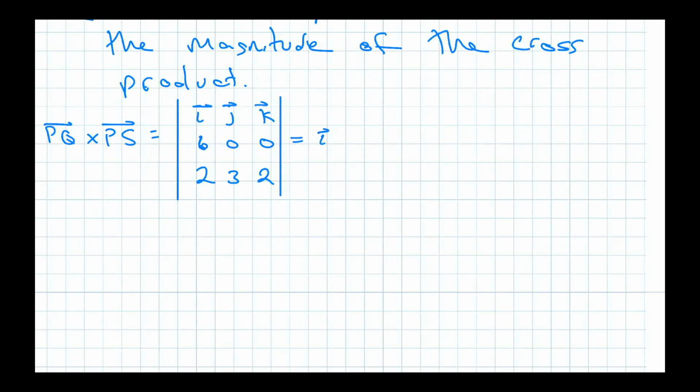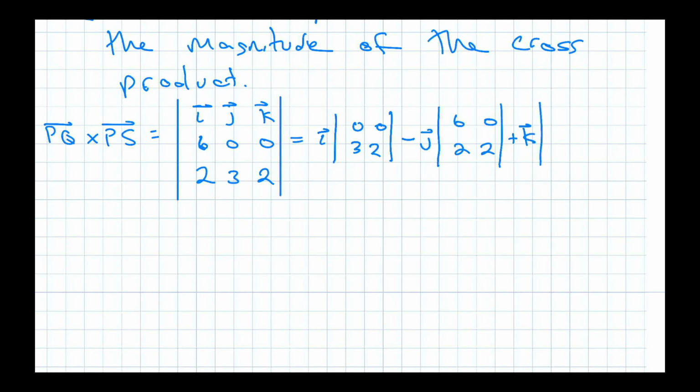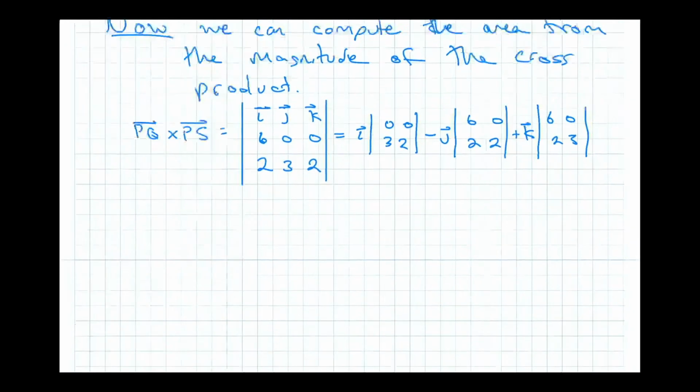So it's going to be i, and then a 2 by 2, which is 0, 0, 3, 2. Then minus j, don't forget the minus. We're going to have a 2 by 2, 6, 0, 2, 2. If that's confusing to you, go back and look at the previous lecture where we talked about determinants of 3 by 3s. All right, k. So we got 6, 0, 2, 3, like that.